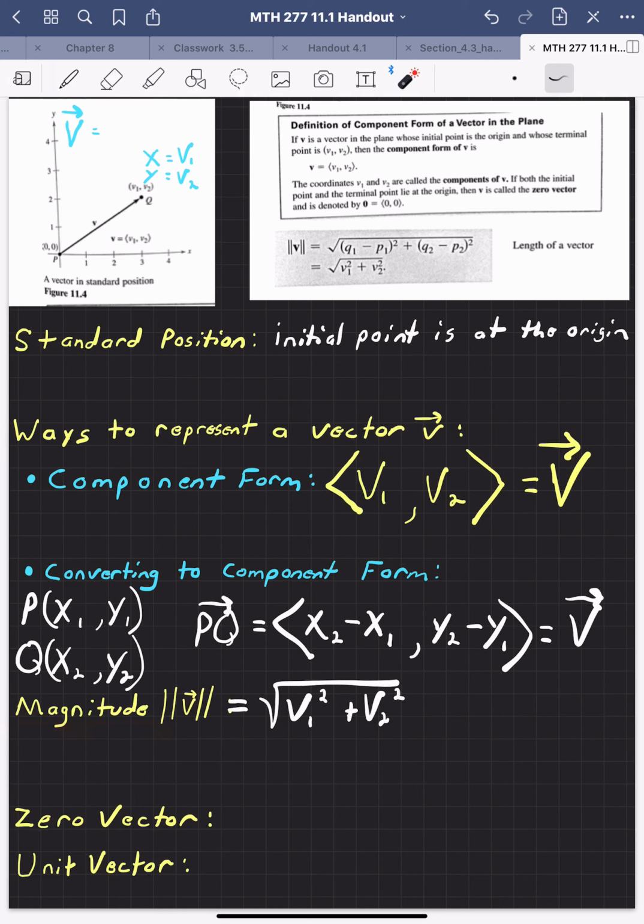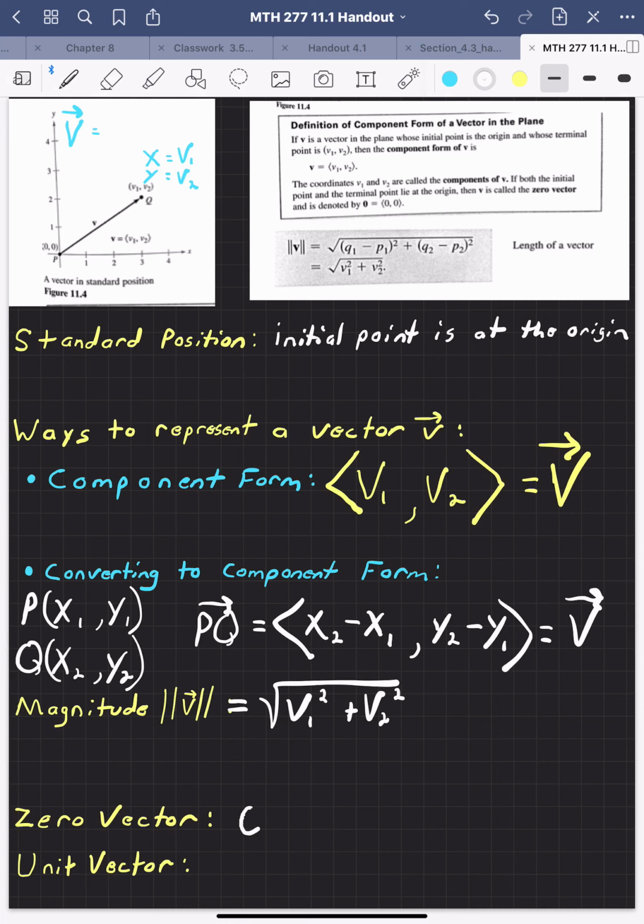Since we're talking about magnitude, we can think of it as the length, if you'd like. If you have a magnitude of 0, this is what we would call a 0 vector. Different books do this differently.